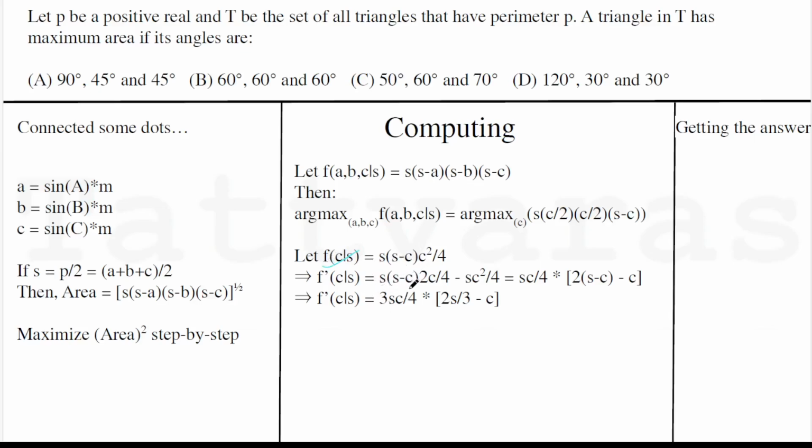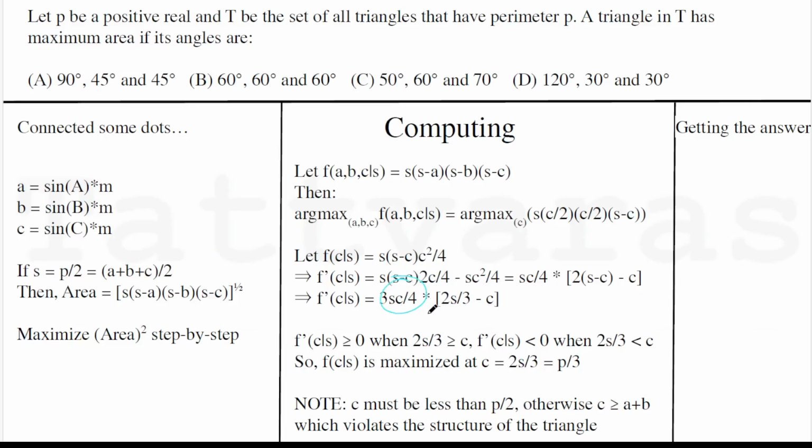We take the derivative by using the product rule on this and this, and write it in a convenient form. And then we notice that this thing is positive, and this thing is going to determine the sign of the derivative. And we see that for all the values that c takes, the derivative would increase up till this point, and then it decreases.